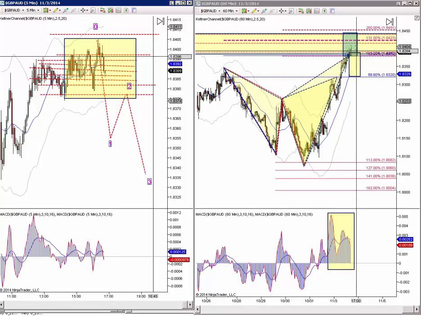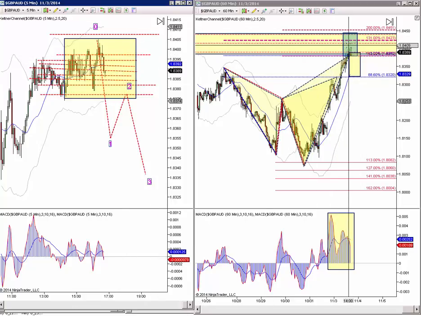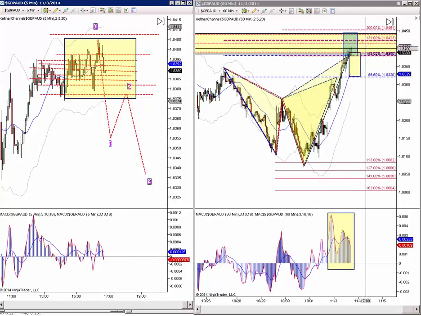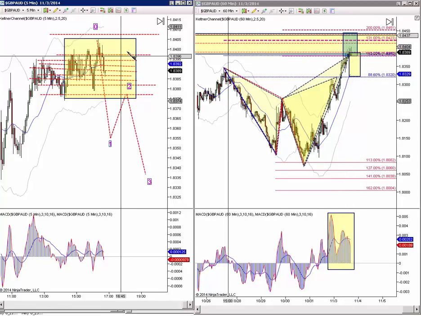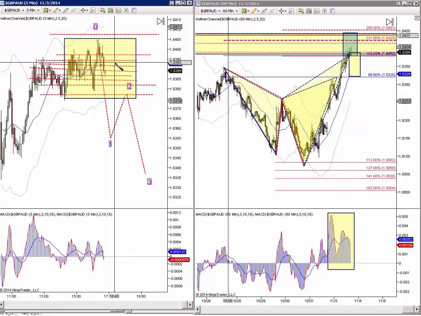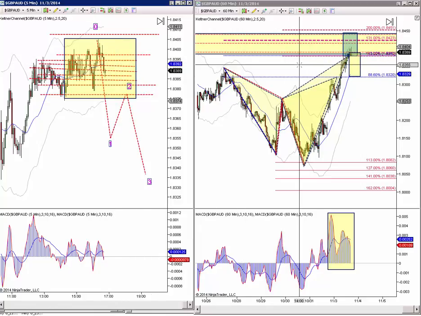So you're looking at the higher time frame, you're looking at the lower time frame. The higher time frame is dominant. That's telling you that your trend turn is going to occur, but you don't do anything until the shorter term trend triggers you into it. Therefore, you have the wind at your back that if this sets up a sell and this sets up a sell, you got your odds working for you.